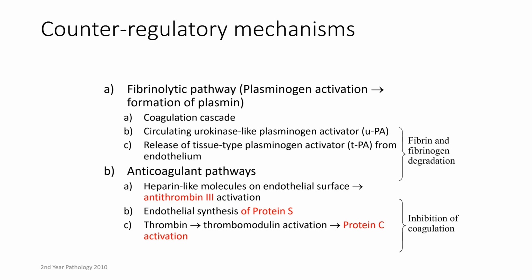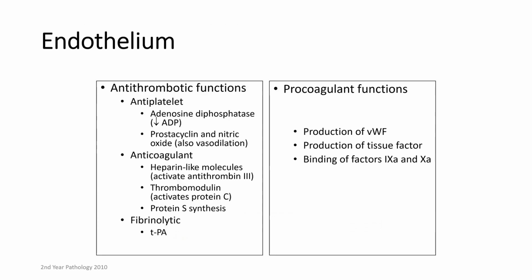We also have the anticoagulant pathways, which are mediated by antithrombin 3, protein S, and protein C. This is very important to understand because these two pathways are working to try and prevent abnormal clot formation. These are actually derived from the endothelium and from factors produced in the liver.